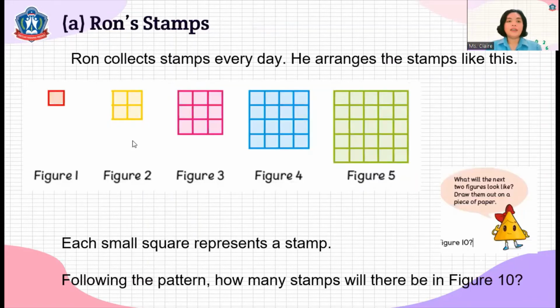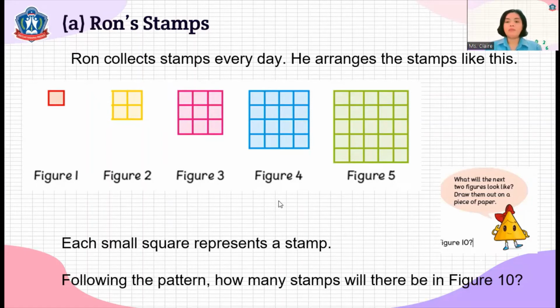We have Ron stamps, figure 1, figure 2, 3, 4, and 5. The stamps here, or the squares here, represent the stamps. What have you observed in its figure? Yes, to get the number of stamps, we need to multiply the stamps by itself, right?